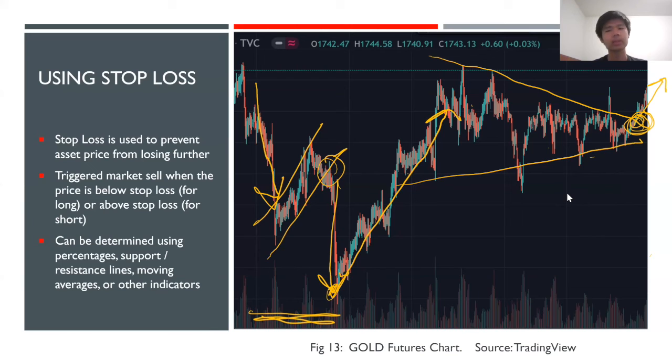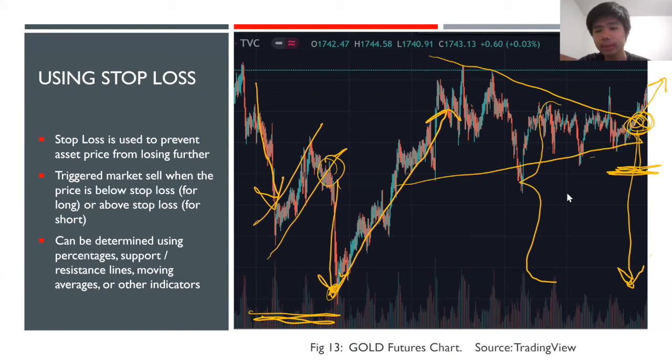So it is also encouraged to place what is called a stop loss while trading. For long buys right here, the stop loss will be triggered as soon as the price reaches a set level of stop loss or below. So for example, if the price eventually falls all the way here, but we've set a stop loss over here, instead of getting this huge amount of unrealized losses, when it reaches this price, the asset would be sold at this level.